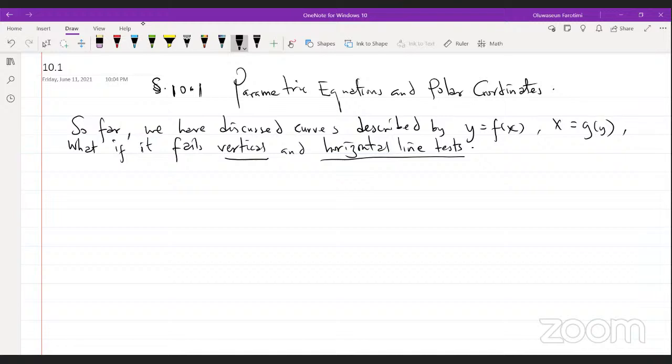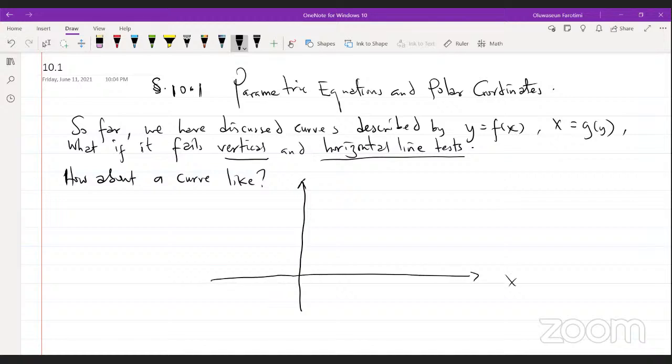But right now, what if we have a situation, a curve that is kind of erratic? So this is my x-axis, this is my y-axis.